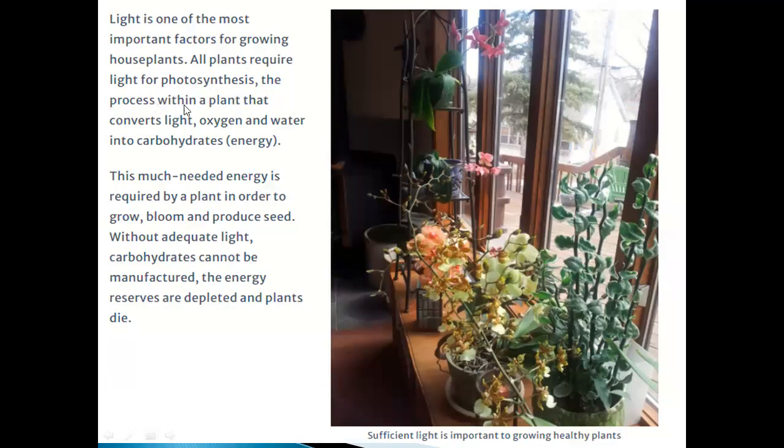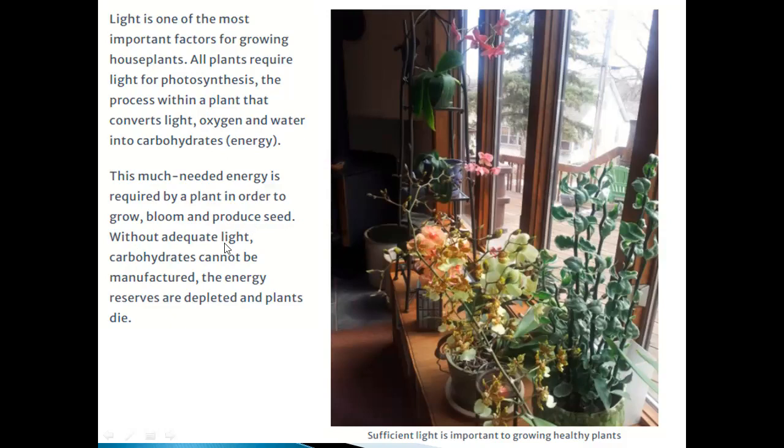The process within a plant that converts light, water and carbon dioxide into carbohydrates, energy. A plant needs sunlight to change all these things into energy. This much-needed energy is required by a plant for growth, to bloom and produce seed.